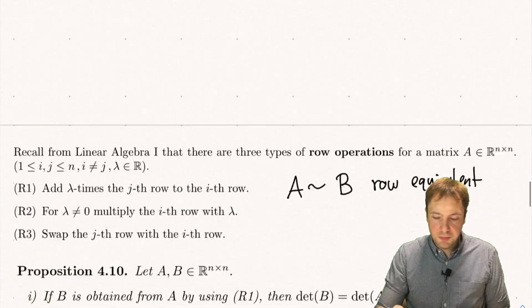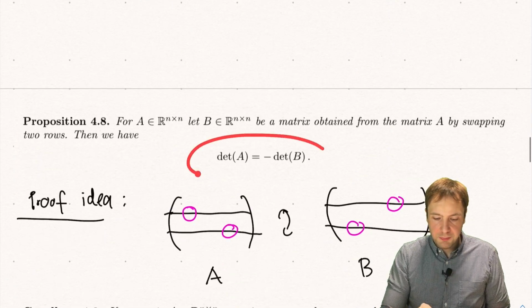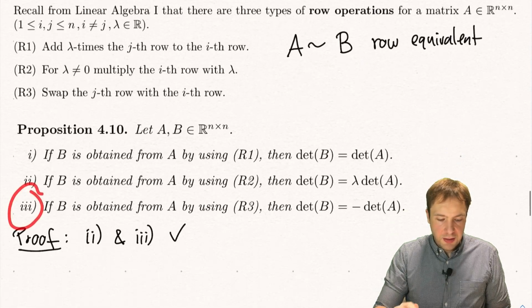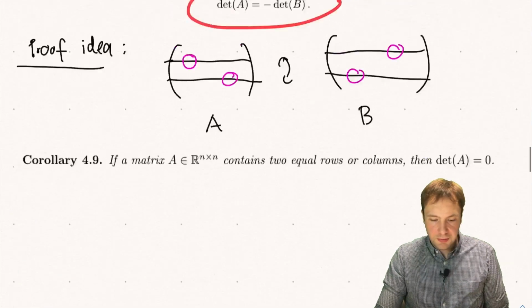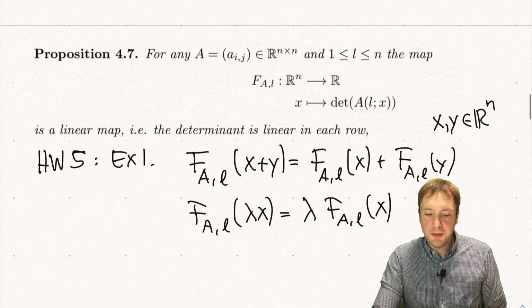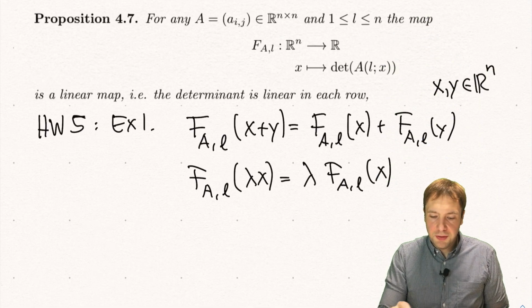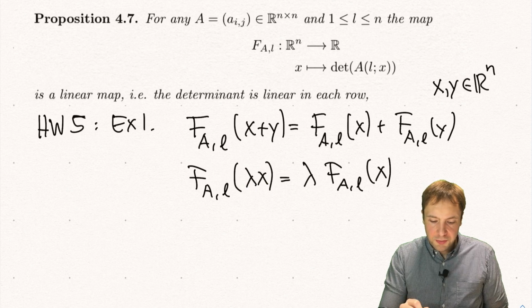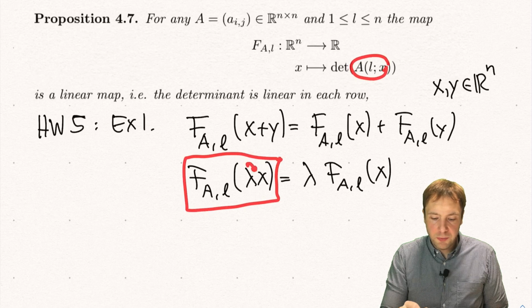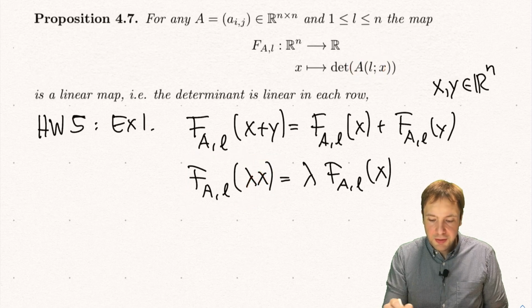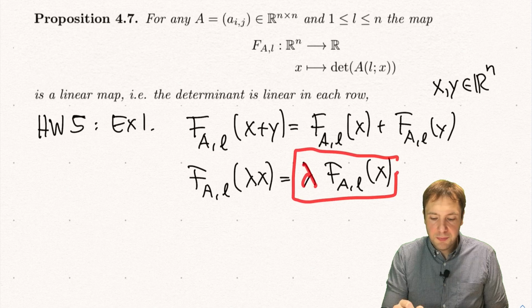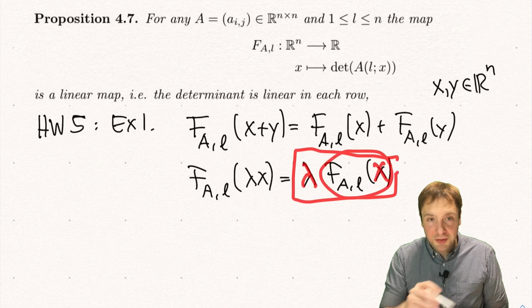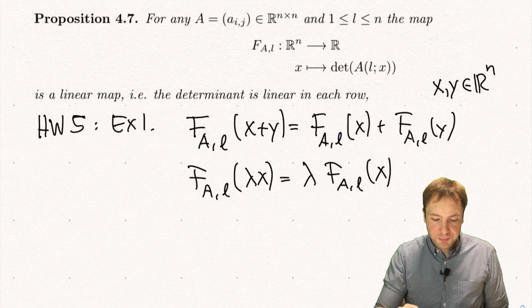Number 3 is this statement here, and number 2 is exactly that this map here is linear, because if x is the lth row of this matrix, and I multiply this with some lambda, then this here is the determinant of the matrix where I multiplied the lth row with lambda, and the statement here is that this equals lambda times the determinant where I just have the row there without the lambda.